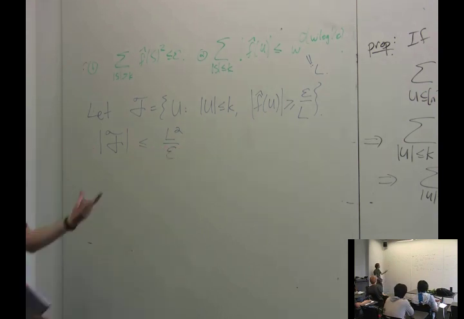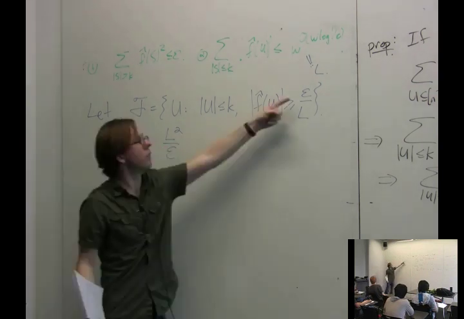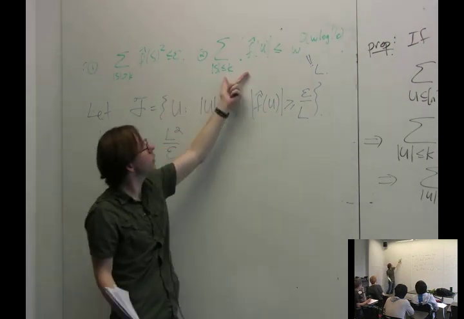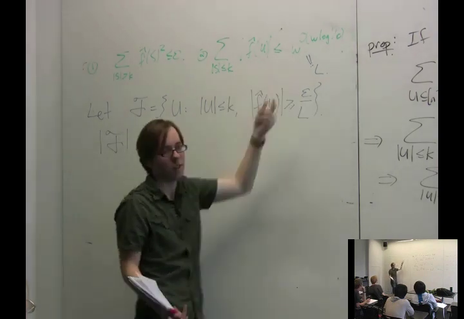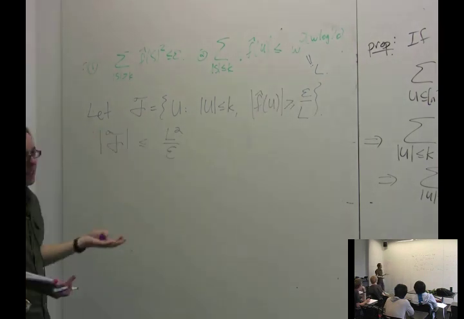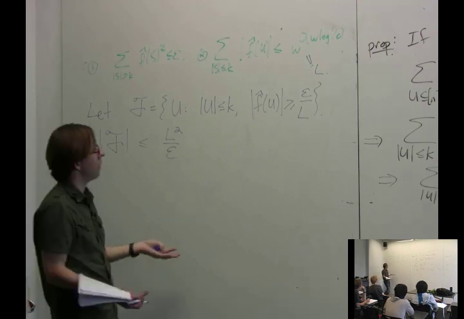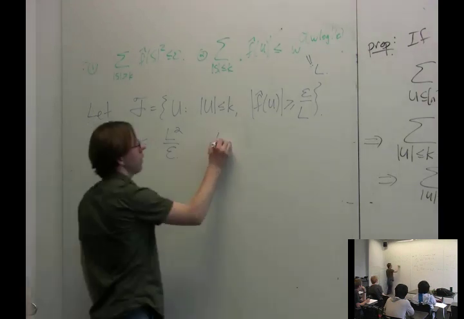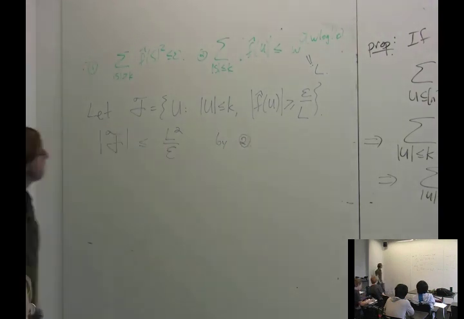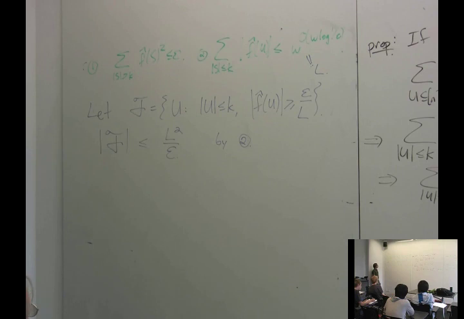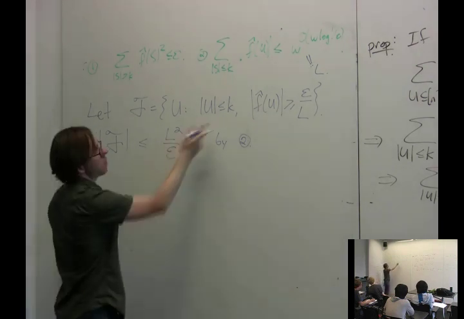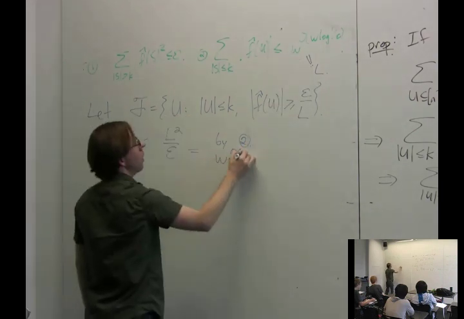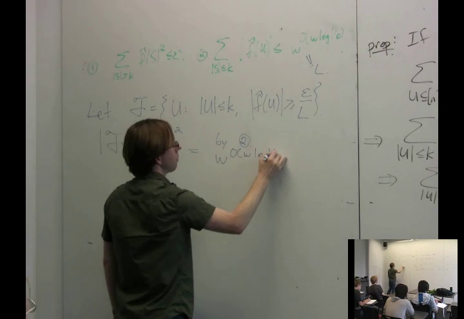Because every coefficient that's in script F is at least epsilon over L, and it's low degree. And number 2 says if you sum up all the low degree guys, you get at most L. So you have some things summing up to L, all of the things are at least epsilon over L, so there are at most L squared over epsilon things. Okay, that's by 2. Good. The squaring and the 1 over epsilon are kind of irrelevant to this. So this is also w to the O of w log 1 over epsilon.